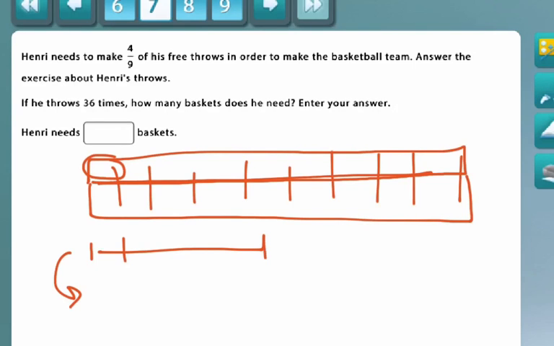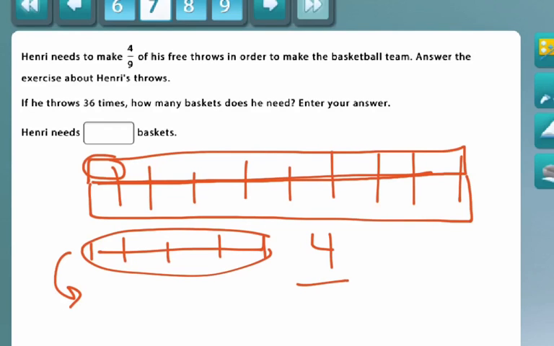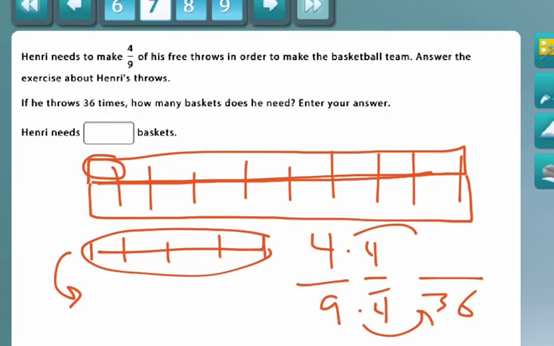So if you notice that the multiplier of 4 will give you 4 parts. So if 1/9 is the same as 4, you're changing 4/9 into how many 36? So use your double rainbow strategy. 9 times 4 will give you 36, and 4 times 4 will give you 16.